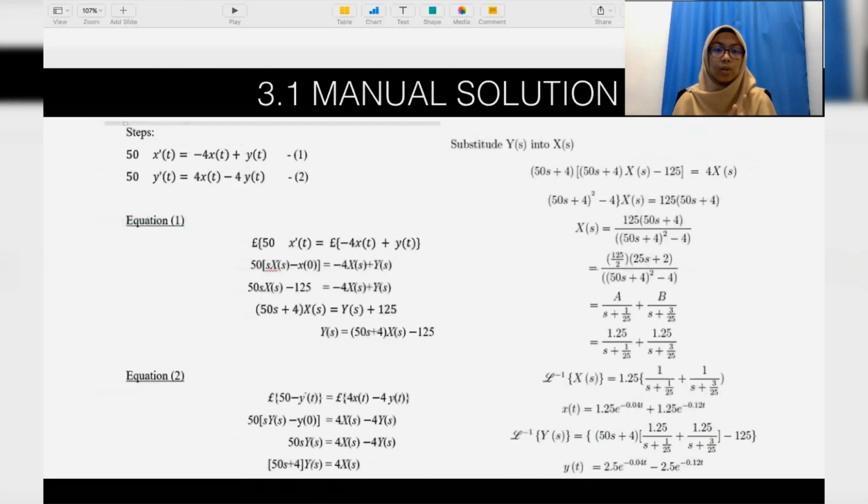Then we substitute Y(s), which is from equation 1, into equation 2, and then we will get X(s). Then we perform inverse Laplace in order to get x(t). After we get x(t), we substitute back X(s), and then we perform inverse Laplace again for Y(s) in order to get y(t).